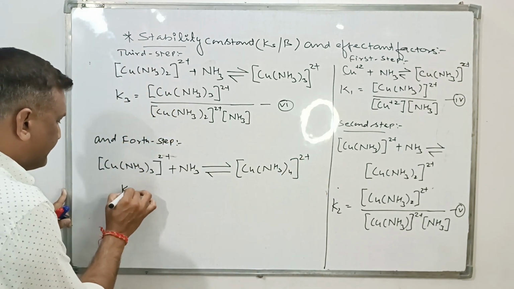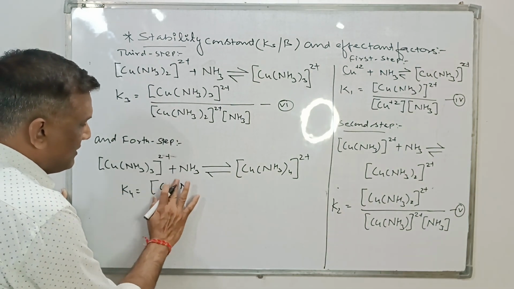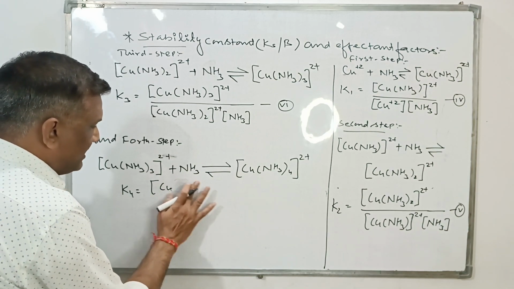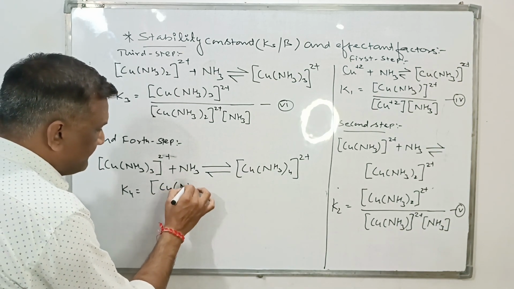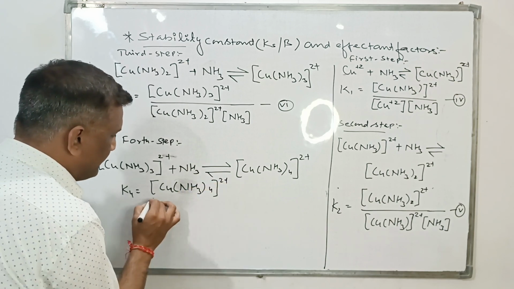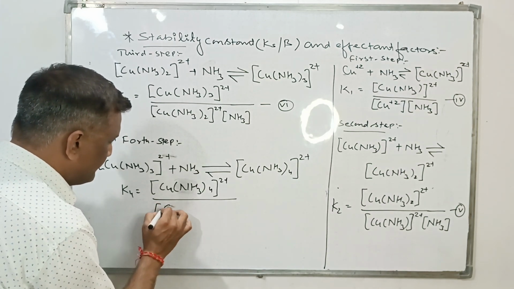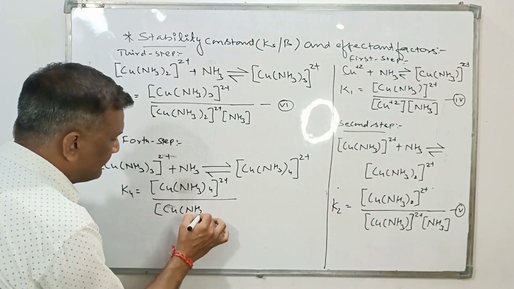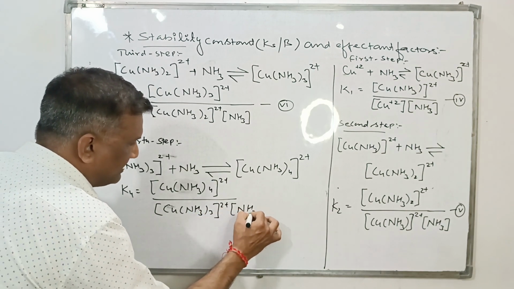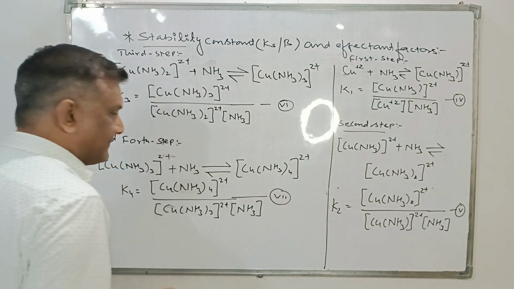Now K4 will be Cu(NH3)4 2 plus upon Cu(NH3)3 2 plus and NH3. This is your equation number 7.